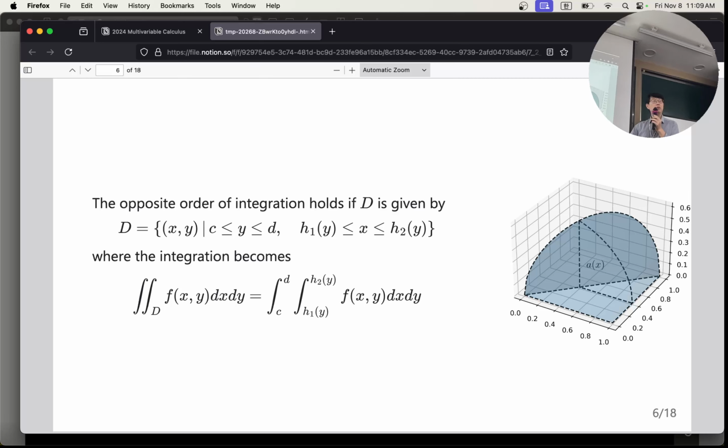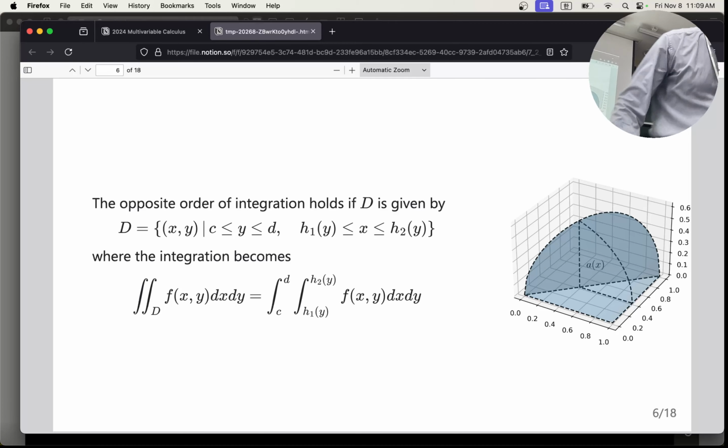How far can you move? What's the value here of x? 1. So it's always 1. You can always move up to 1. But depending on where you cut the volume, the lower limit is changing. So you want to integrate from y to 1 to get this Ax.